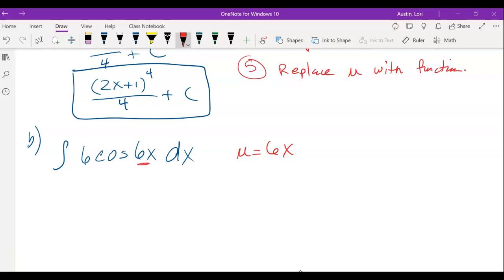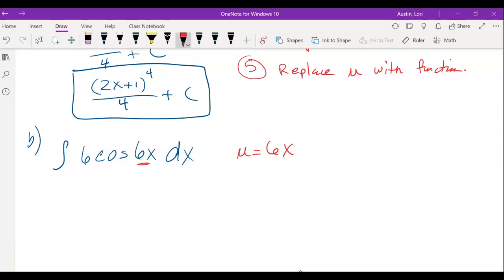This goes back to composite functions that you learned in pre-calc. If f of x equals cosine x and g of x equals 6x, what's f of g of x? Cosine 6x. So what's your inner function? The 6x. The outer function is the cosine x.